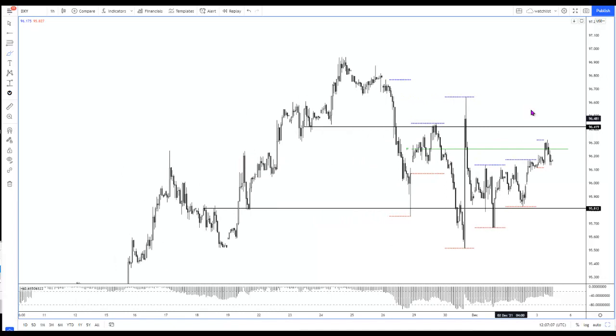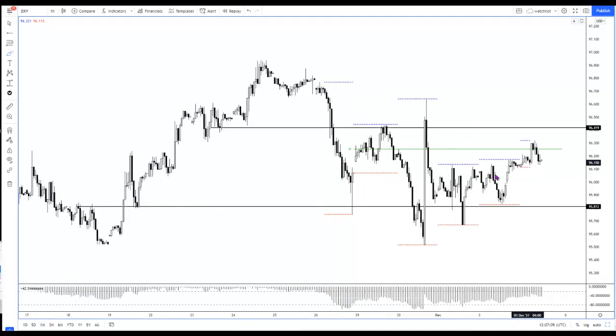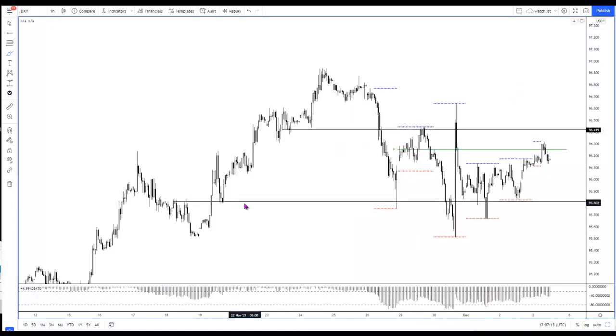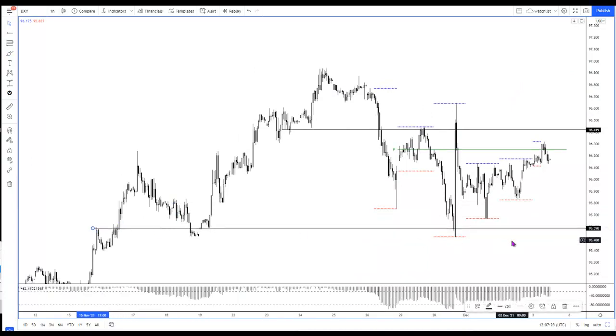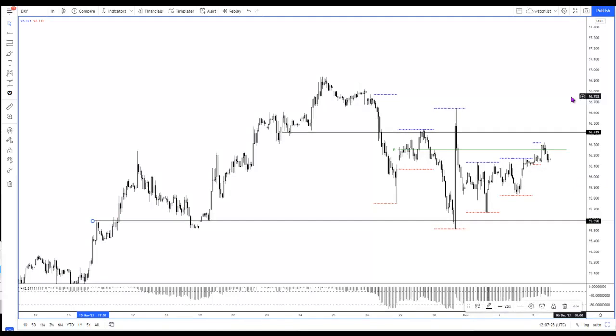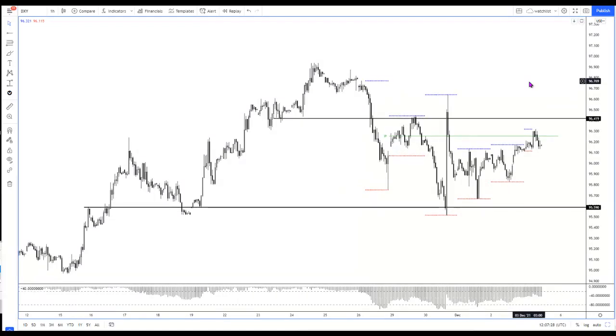Now, if employment numbers miss expectations, I really don't have a plan on the short side. I do not have a plan on the short side. I will let that go. The reason is that if job numbers miss today in about 90 minutes, the US dollar is going to break with this structure that it's traded in.